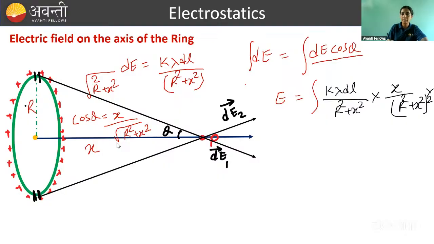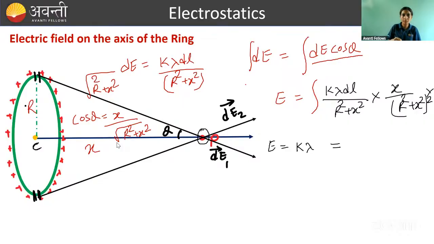Now how do we do the integration? Whatever is constant under the integration sign, take that outside. So you need to figure out what is constant here. K is constant for a particular medium, and lambda is a constant, right? What else is constant? Is x constant or not? This point P is fixed, so its distance from the center will be constant.